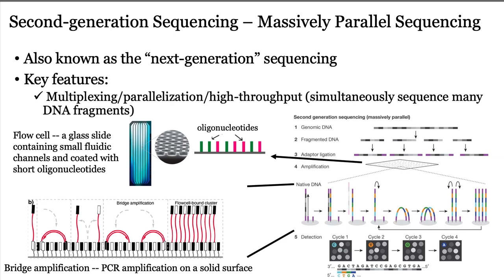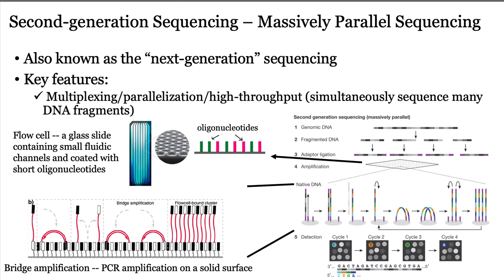The oligonucleotides are designed so that they can pair with the adapter sequence in the target DNA. So once you apply the target DNA onto the flow cell, the DNA will base pair with the oligonucleotides already on the slide. So you physically attach the DNA to a specific place.